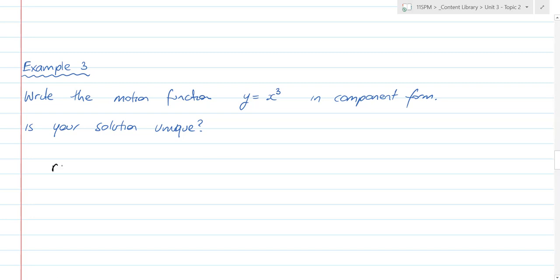The answer will start with r(t). t cubed. So y equals x cubed, y equals 0 the whole time? No, be careful there. Does that work? Yes.